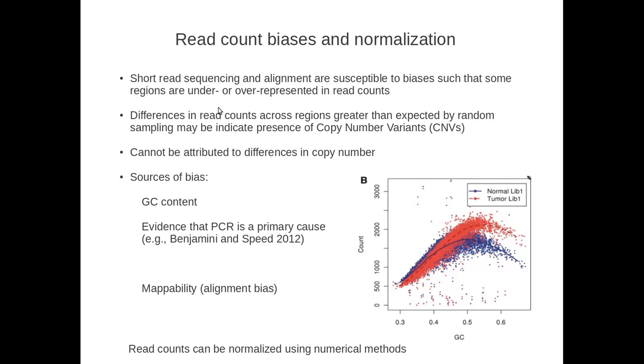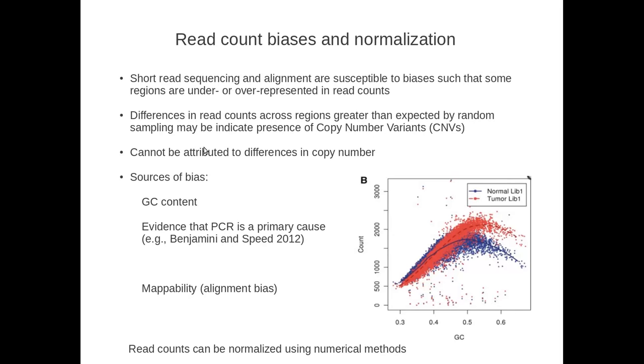And these differences in regions, this heterogeneity that we've talked about a couple of times in the class, is different from just the random sampling of DNA and the alteration in the pileup depths that we would get simply by a Poisson or Poisson-like process of sampling the DNA in our library construction and in our sequencing.